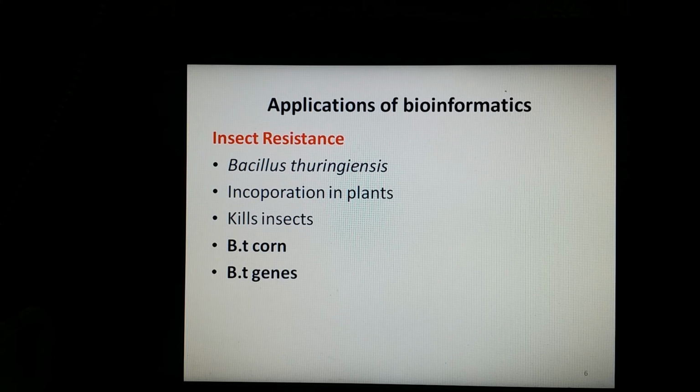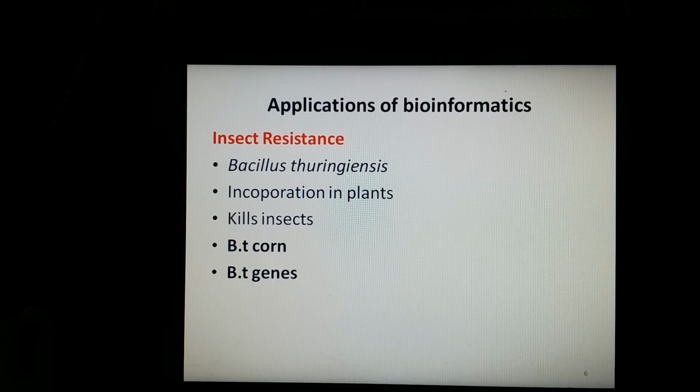Our last topic is the application of bioinformatics. The first application that we will discuss is insect resistance. Many plants have been made insect resistant by incorporating the desired genes, and there is a species, Bacillus thuringiensis, a bacterial species, which increases soil fertility and protects the plant against pests.